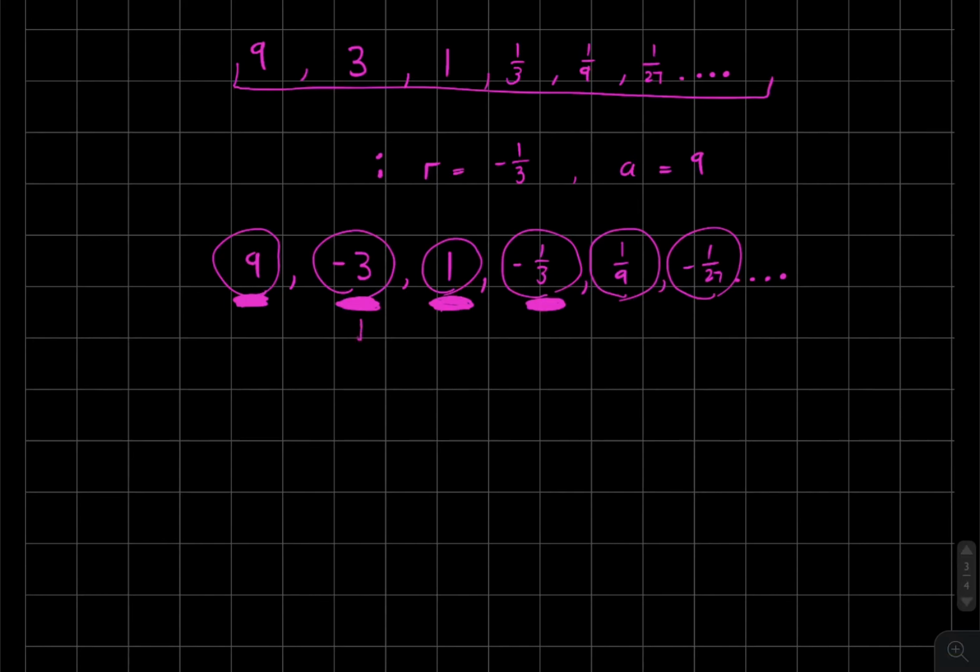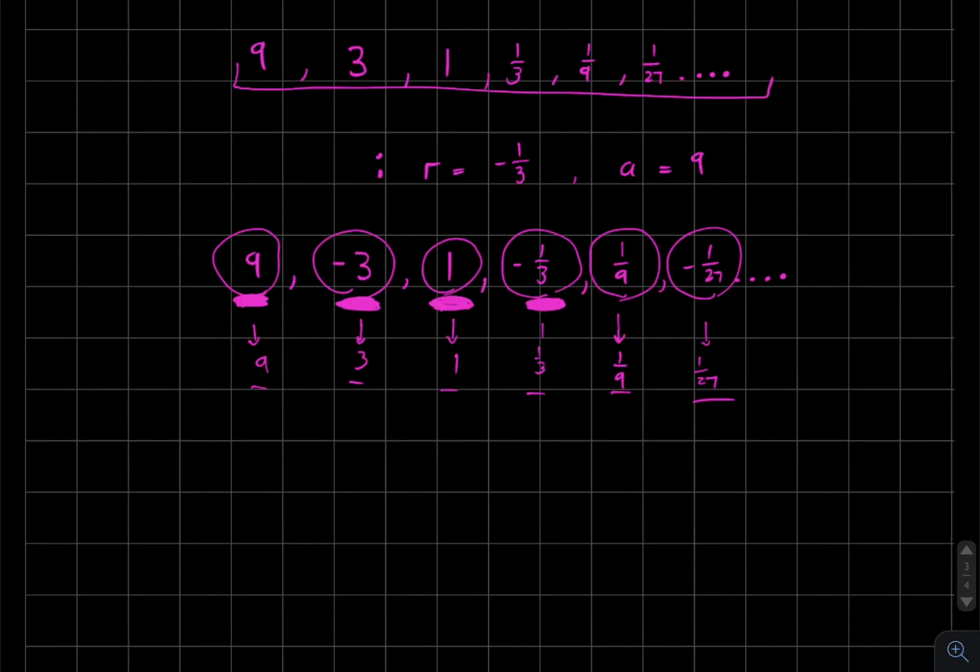So we would look at this as a 3, we'd look at this as a 1 over 3, and we'd look at this as a 1 over 27. So even though in actual fact these numbers are negative, the reason why we do this is so we can see that this pattern, if we were to ignore the negative signs, the pattern does hold, that the terms are decreasing, because we go from 9, 3, 1, 1 over 3, 1 over 9, 1 over 27, and so on.